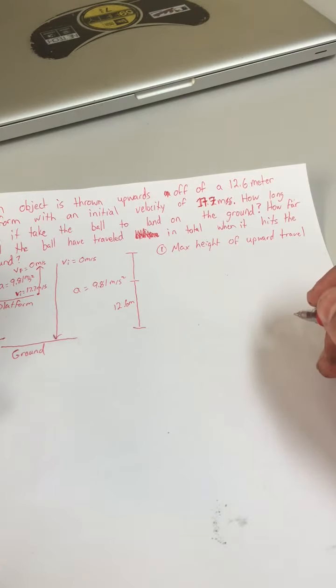So our final velocity, we said at the top, is going to be 0, and we're trying to solve for D or our delta Y. So what we can start by doing is putting in some numbers.